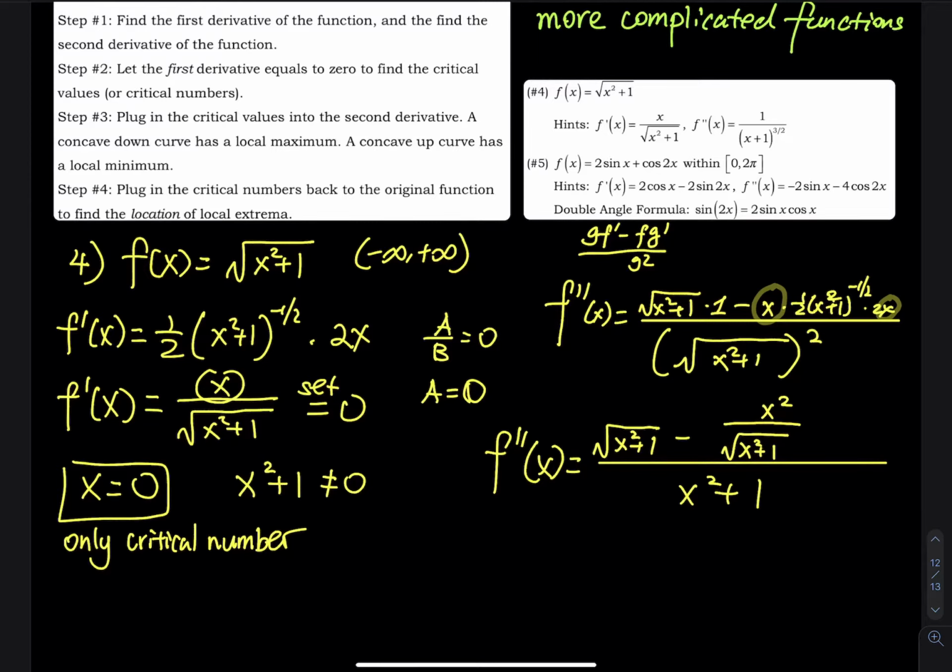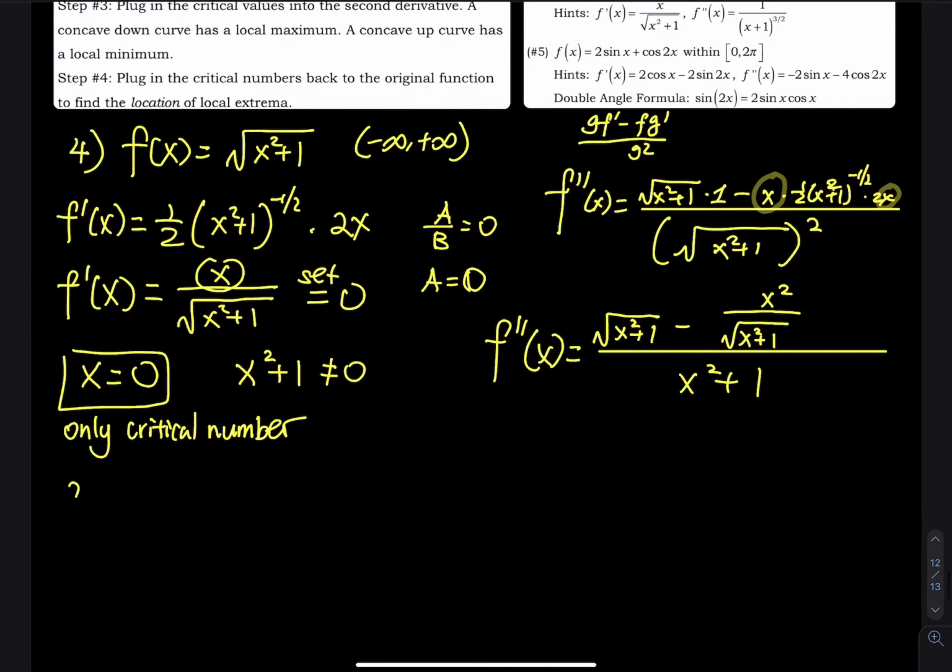So the second derivative is done, and according to the second derivative test, we have to plug the critical number into the second derivative to see if it is concave up or concave down, right? So f double prime of the critical number: that is 0 plus 1, and then minus 0, so that part is 0, and then divided by 0 plus 1.